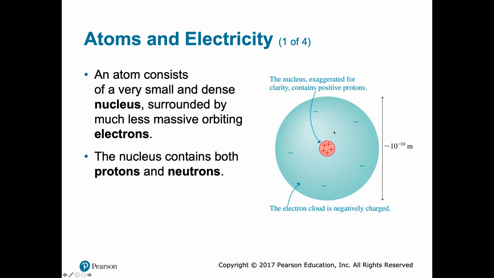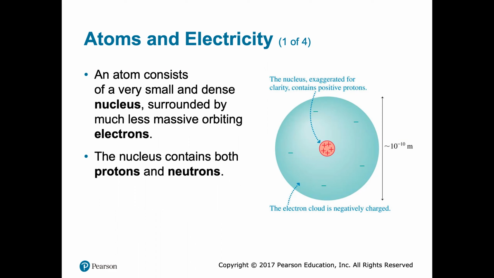Compared to the size of the atom, the nucleus is very small, and the nucleus contains both protons and neutrons. Protons and neutrons are smaller elements which are the components of the nucleus. The difference between protons and neutrons is that neutrons don't have any charge.